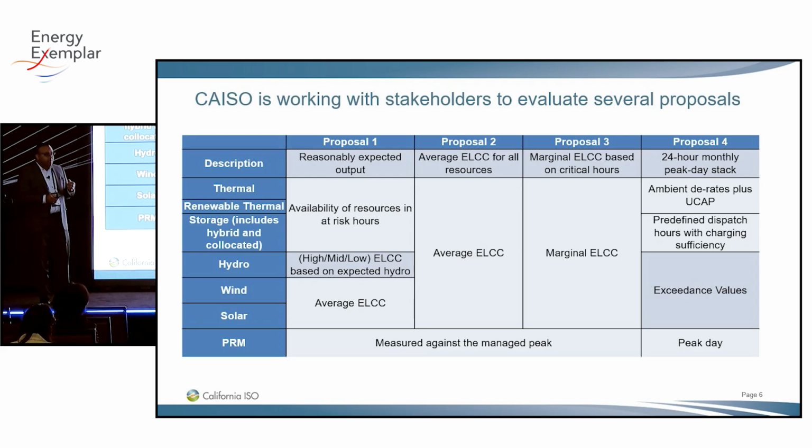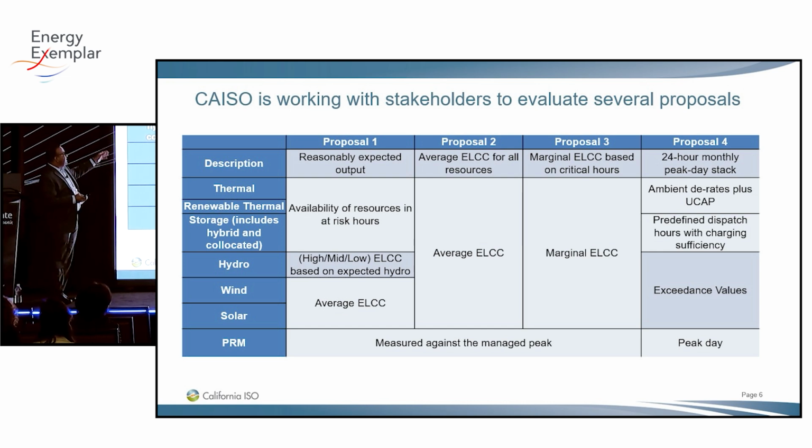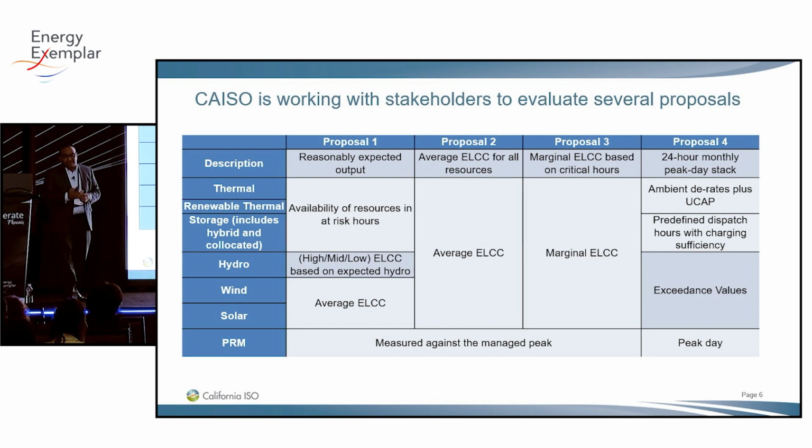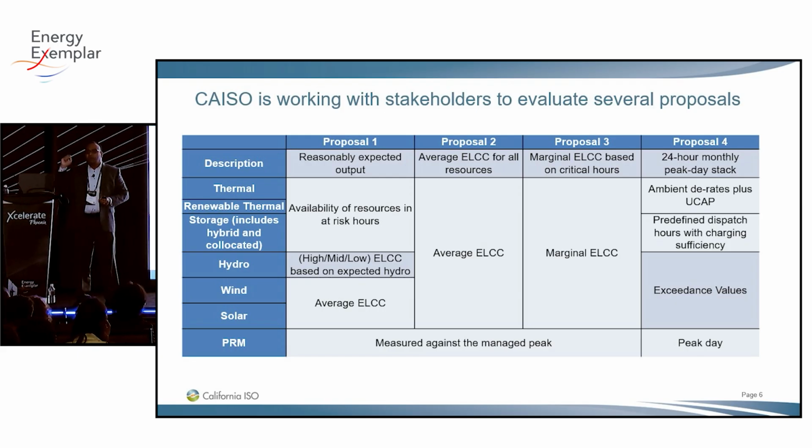For thermal resources and storage, it's basically the availability of resources in at-risk hours. Is it the 5 hours that you define, or the hours where LOLE was observed in the model? Whatever that definition is, availability of resources during those hours is what the first proposal was trying to look at.